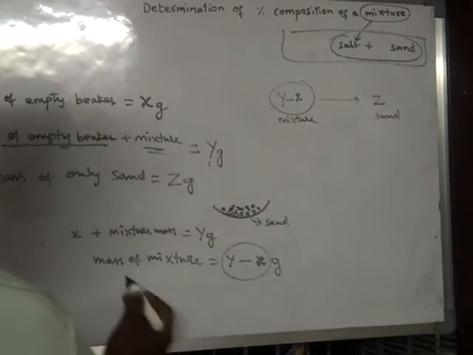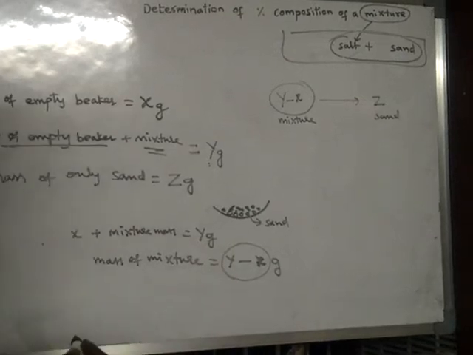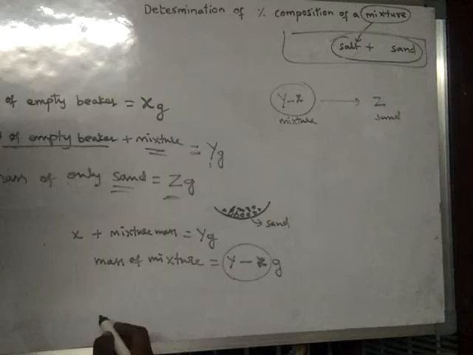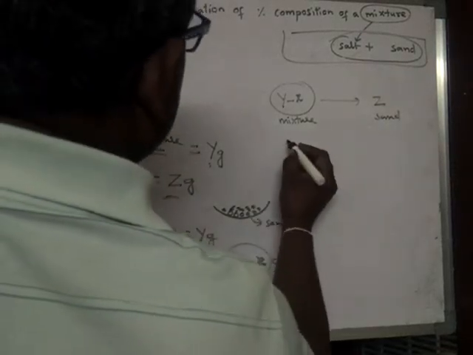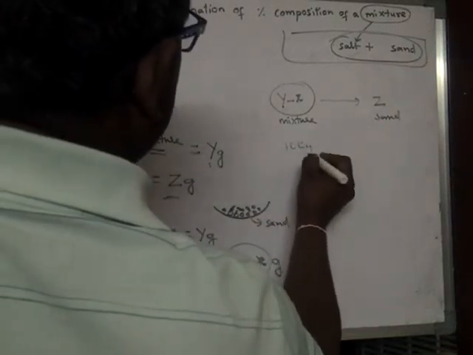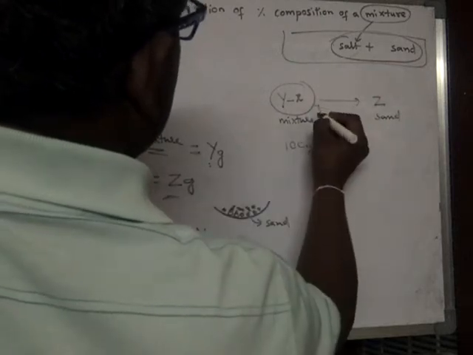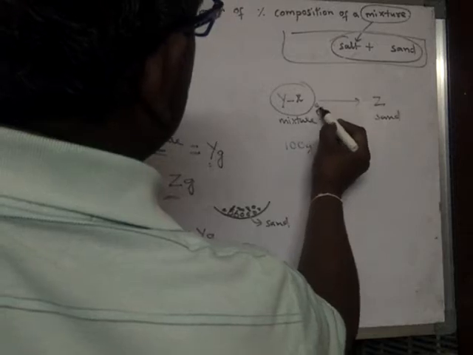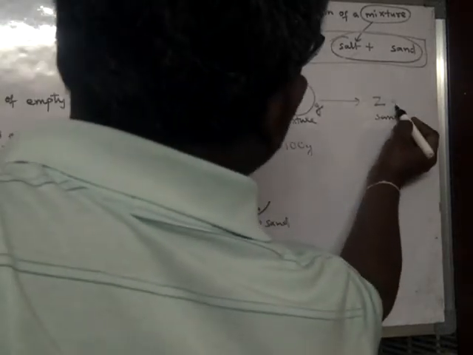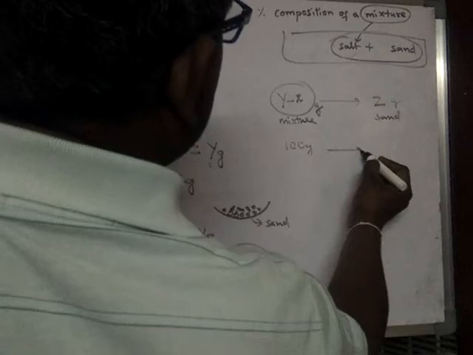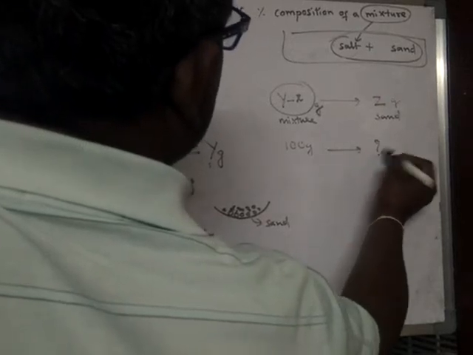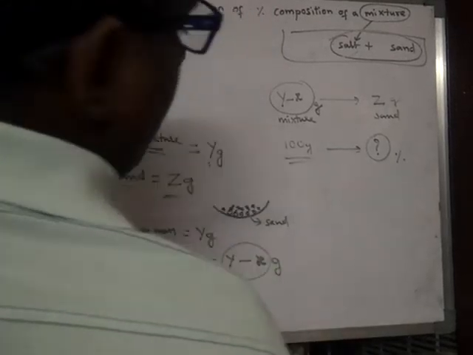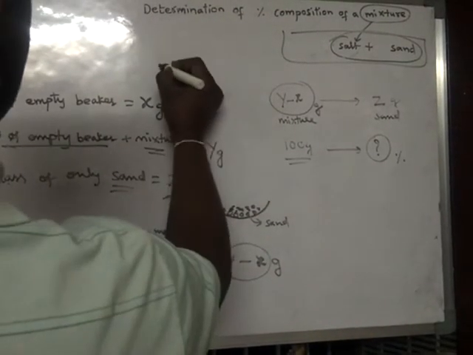So the mass of mixture is Y minus X, and in this mixture only Z grams of sand is present. Suppose it is 100 grams of mixture, how much sand will be there? That is nothing but percentage.